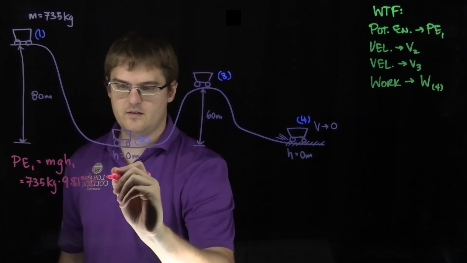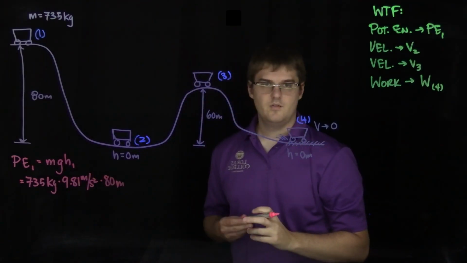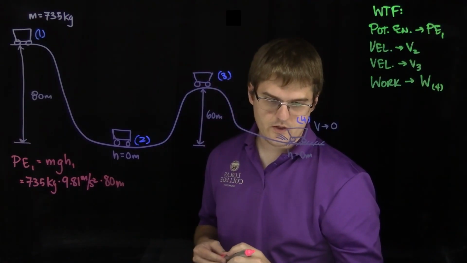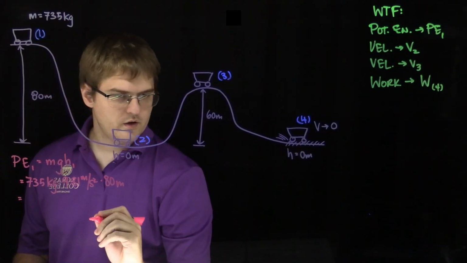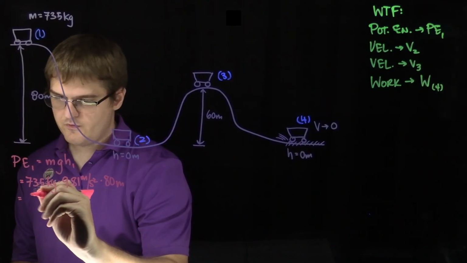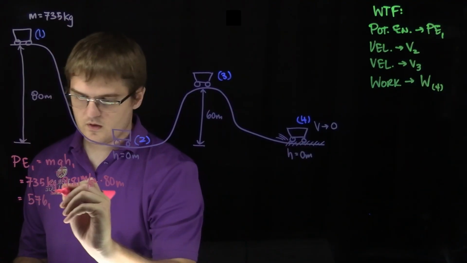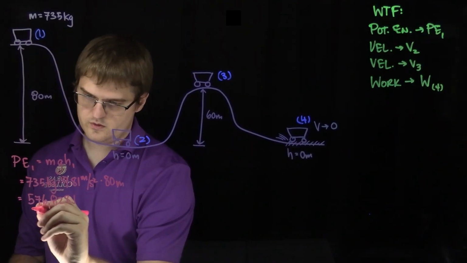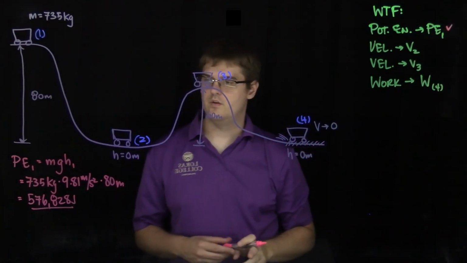And my height is 80 meters. I multiply all of those things together, and I get a potential energy at 1 of 576,828 joules.